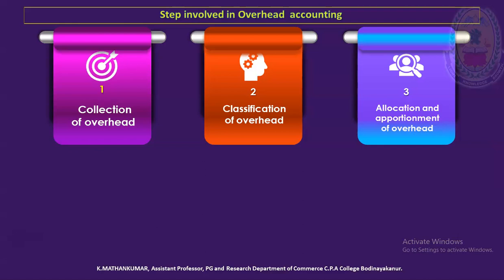So cost apportionment arises in cases of expenses common to more than one cost unit. For example, depreciation, rental rates, lighting, and workers' and managers' salaries, like that.